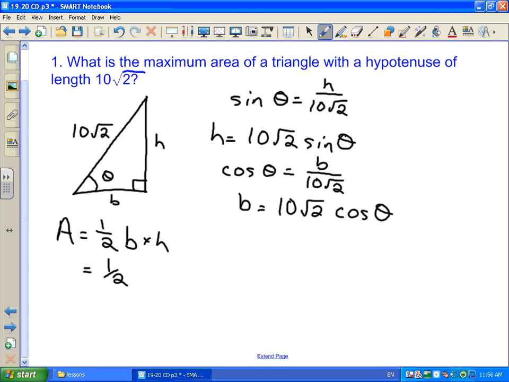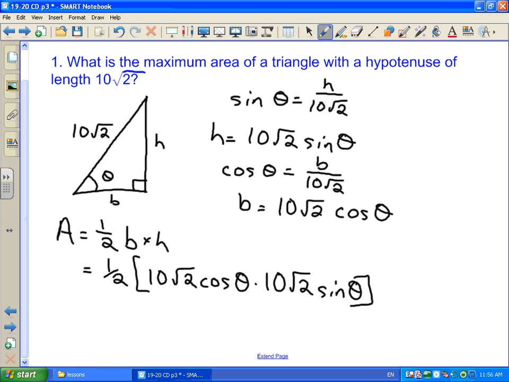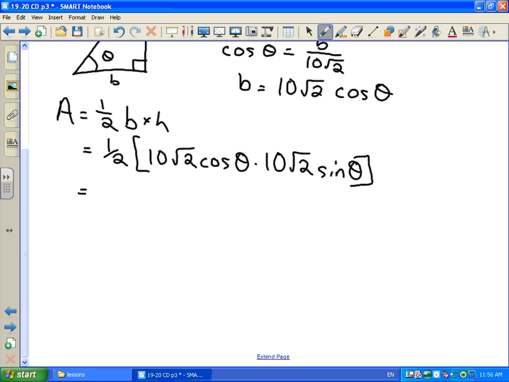So our area is going to be 1/2 times our base, which is 10 root 2 cosine theta, times 10 root 2 sine theta. And we can clean this up a bit. Root 2 times root 2 gives us 2.